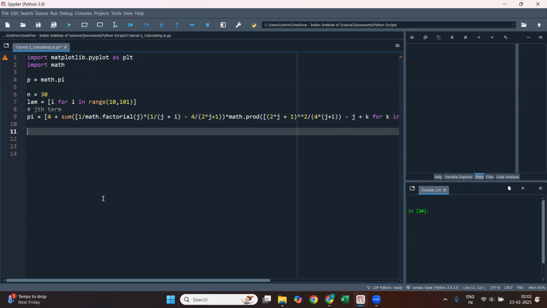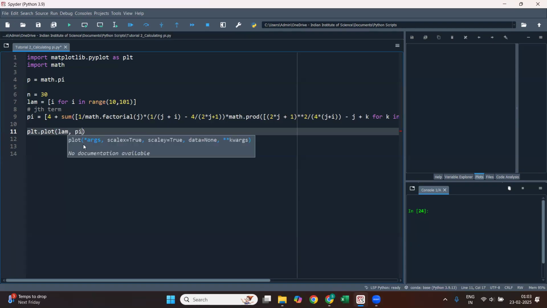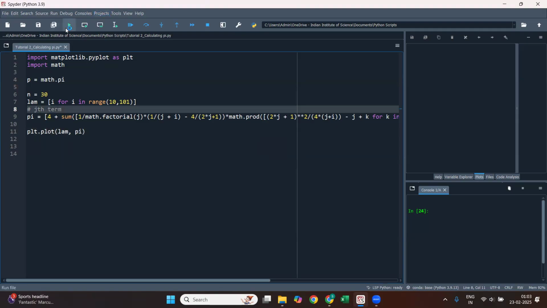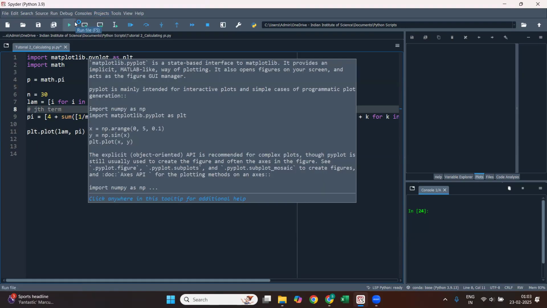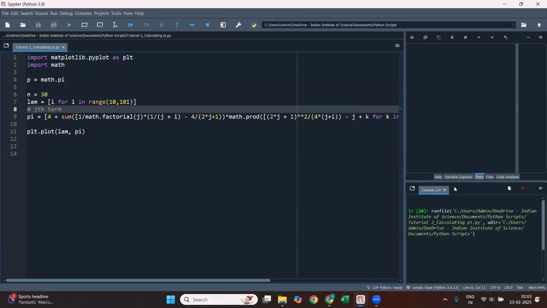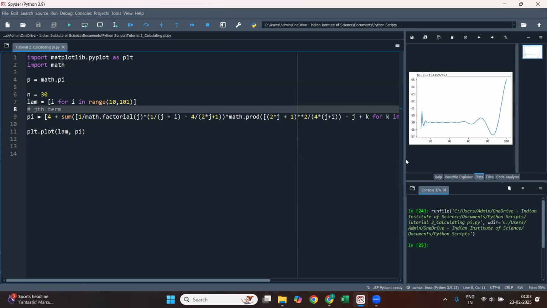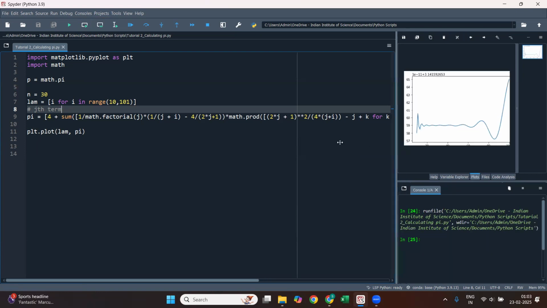And now let's just see what these values of pi are. So I'll just plot this: plt dot plot lambda comma pi. So I'm seeing what values of pi I'm getting for different values of lambda, right? Let's go with that. So if I run this, I have got the summation over here.